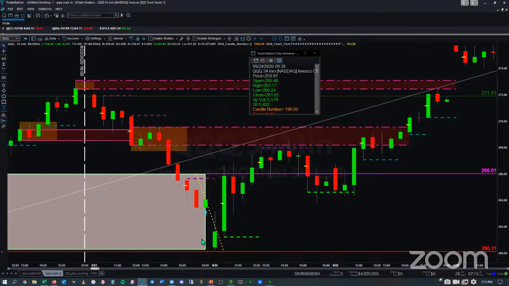And in this scenario, well, actually, no, I lied. Rewind. So this is the candle and you would be putting your stop below here, but price actually opened lower.